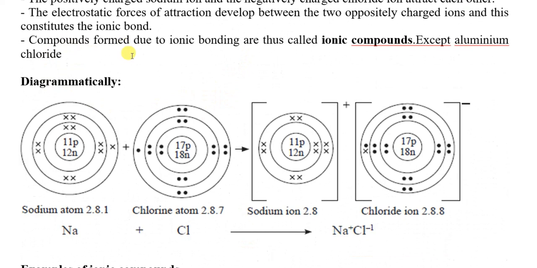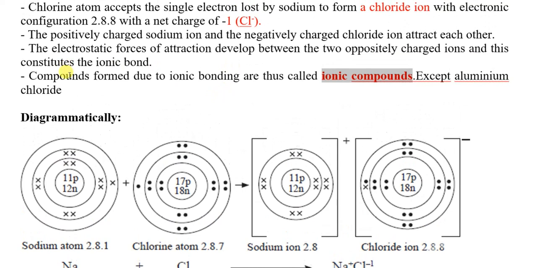Compounds formed due to ionic bonding are called ionic compounds. Very important to remember that compounds like sodium chloride, magnesium chloride, and zinc chloride are ionic compounds, because between them they have ionic bonds.